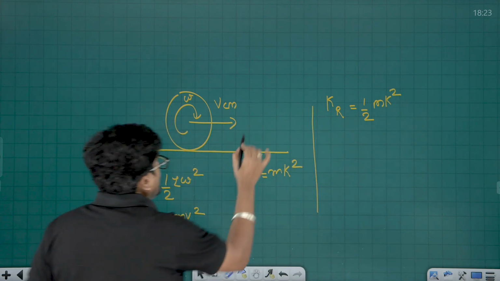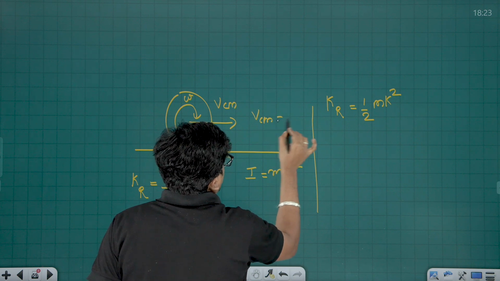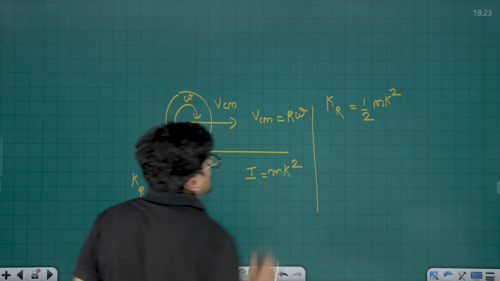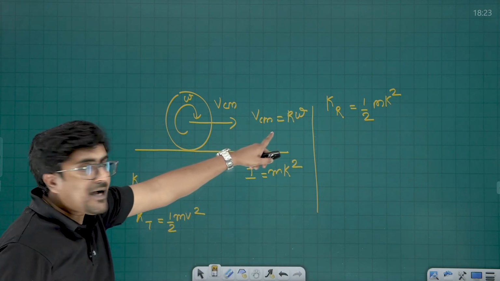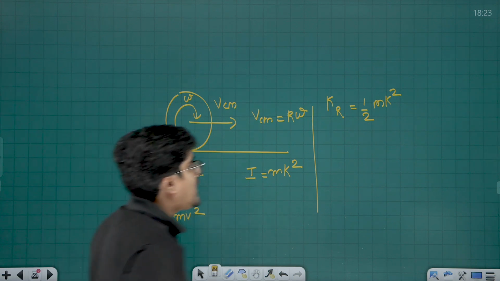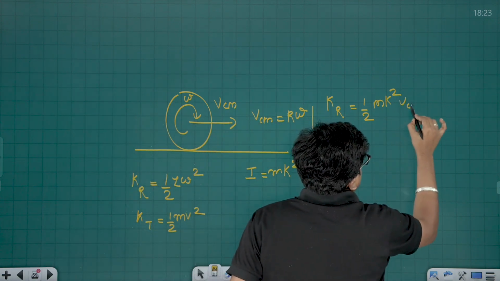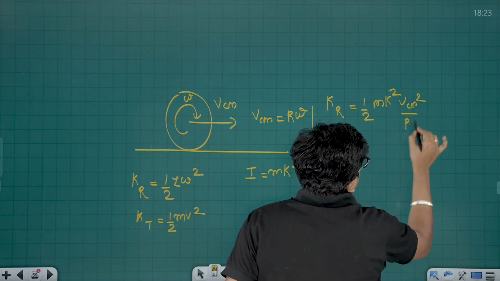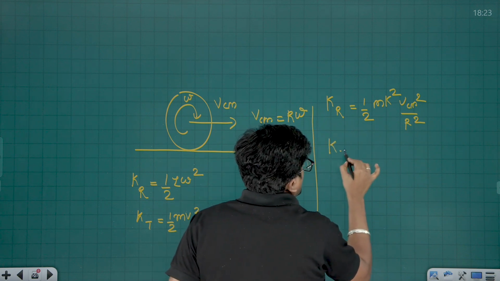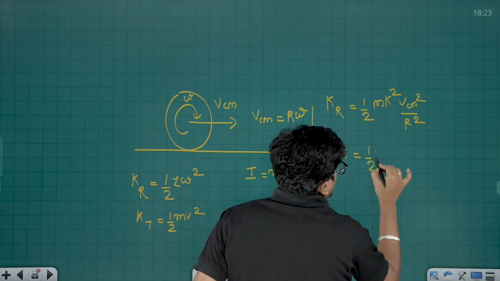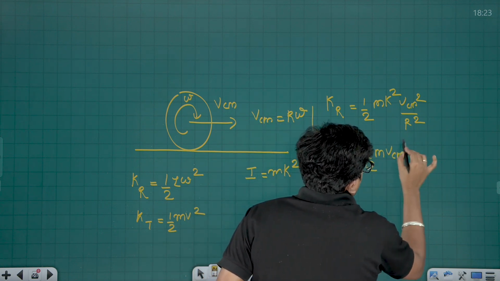And for pure rolling, we know that Vcm equal to R into omega. So for omega square, I can have Vcm square divided by R square. And what about translational kinetic energy? Definitely that is going to be half of m into Vcm square.